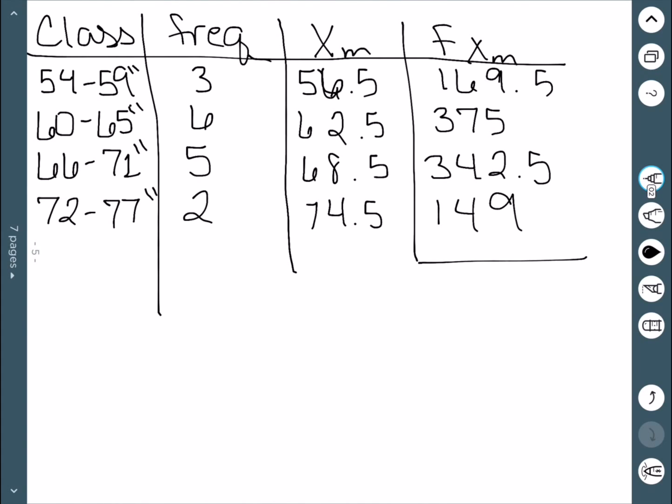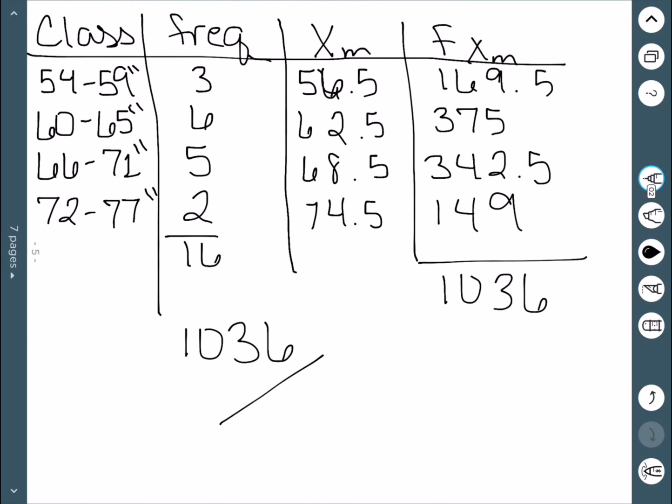The next step would be to add up these numbers that we just got. 169.5 plus 375 plus 342.5 plus 149, which gives us 1036. And then the final step is to divide by the total number of data points we had, which is the same thing as summing the frequency column. 3 plus 6 plus 5 plus 2 tells me I have 16 data points.